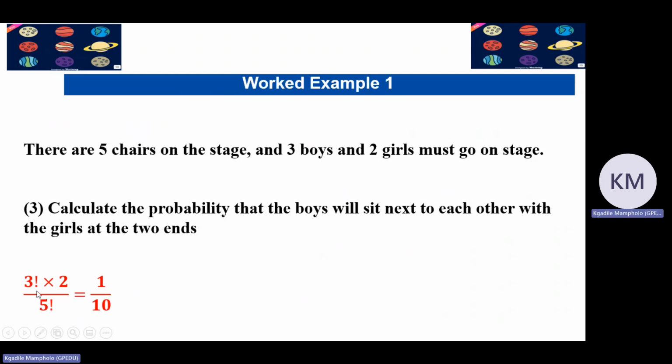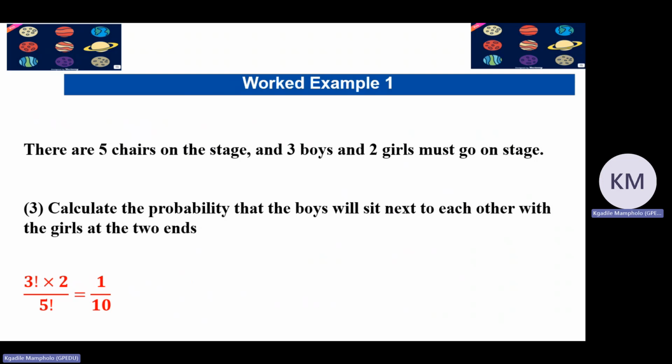They can be different, and then times 2 divided by 5 factorial, which is the total. And let's not forget that every time they say the probability, you follow all the methods that I showed in the previous slides, but you divide by the total.